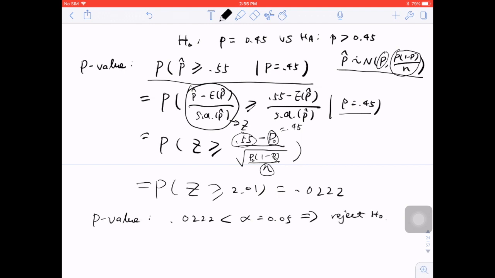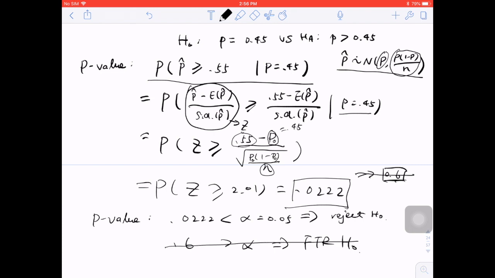If your p-value is larger than alpha, let's say if it were not 0.0222 but equal to 0.6, let's just assume that for the sake of this problem, then it's larger than alpha, so we fail to reject the null hypothesis. But definitely here it does not equal this, so we cannot have this conclusion. So this is our final conclusion.